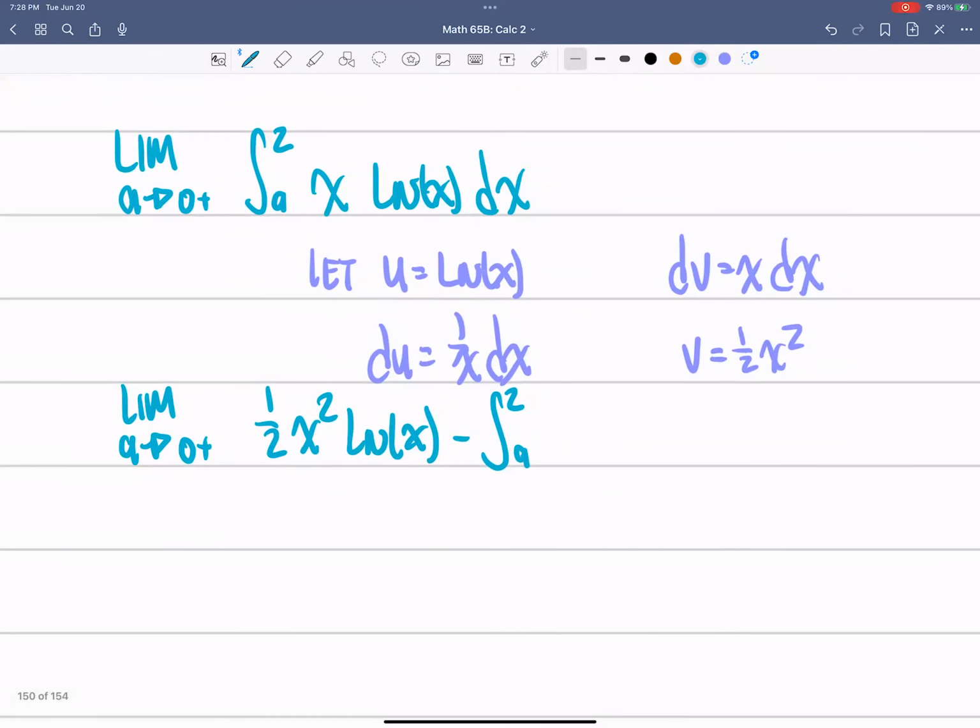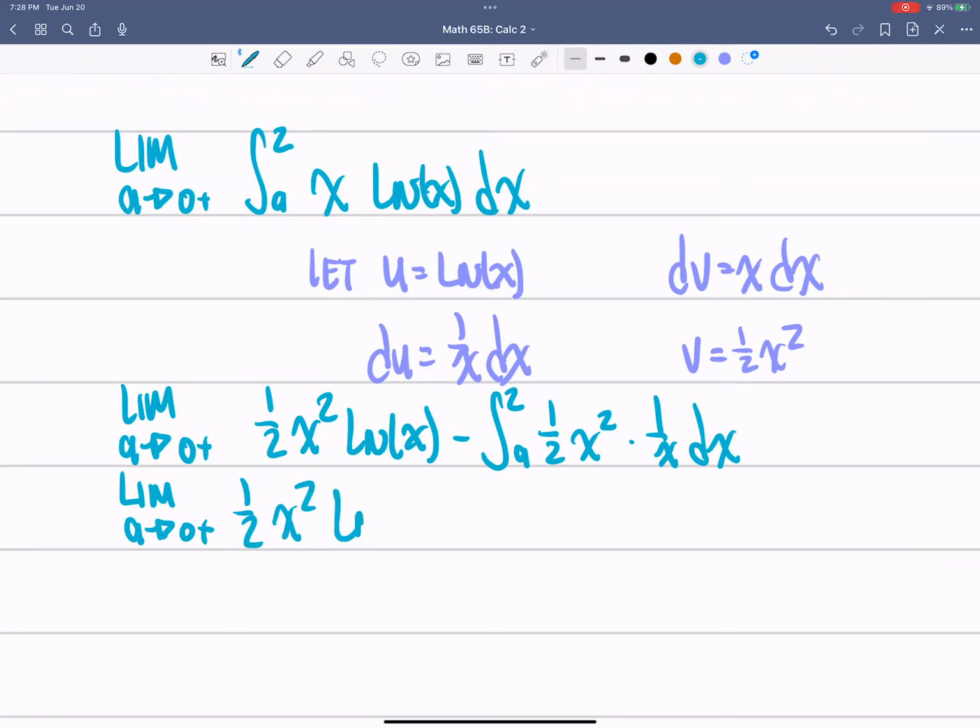So we have 1 over 2 x squared times 1 over x dx. Simplifying that, we have the limit as a approaches 0 from the right side, 1 over 2 x squared ln of x minus the integral from a to 2. We'll pull that 1/2 out here, and we're left with just x dx.